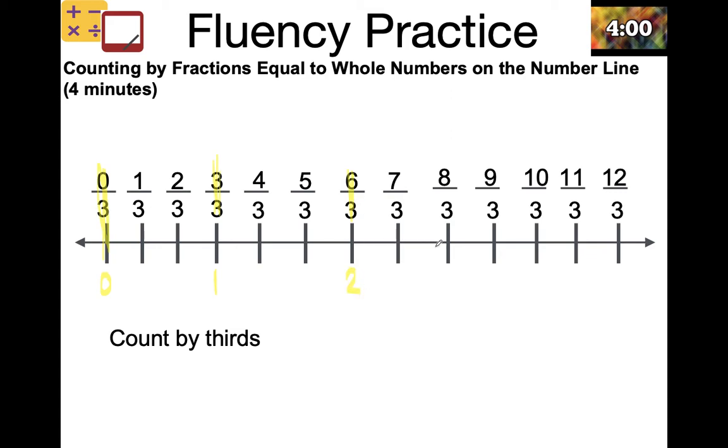We go 1, 2, 3. 9 thirds is the whole number 3. And then 1, 2, 3. 12 thirds is our whole number 4. So from 0 all the way to 4, we skip counted in thirds.